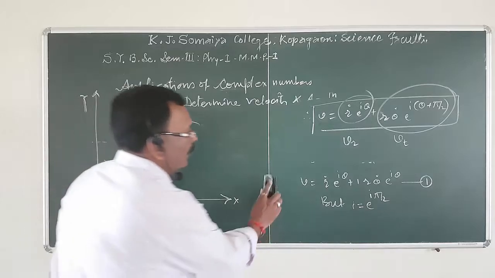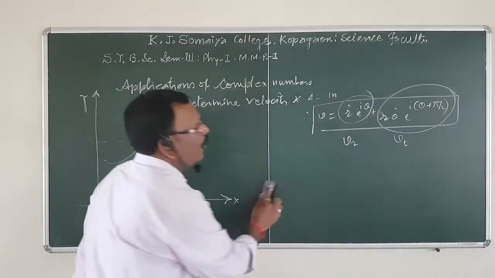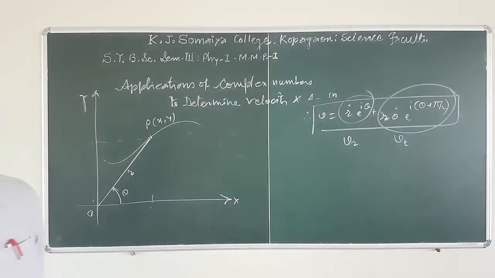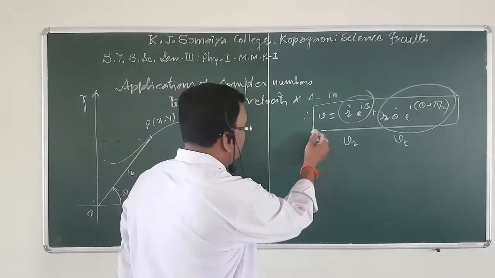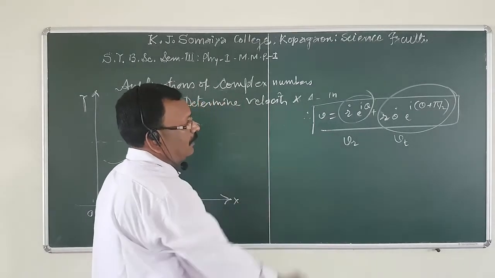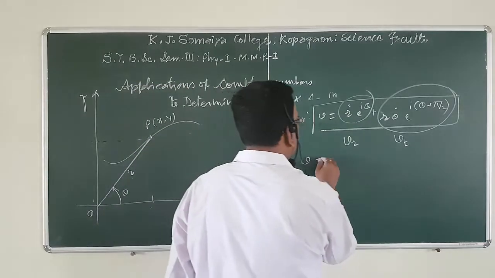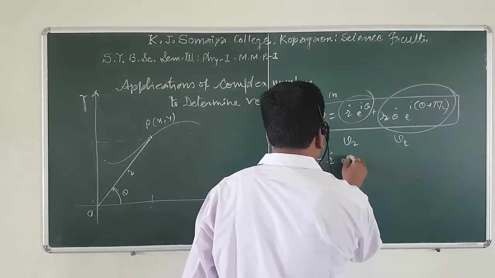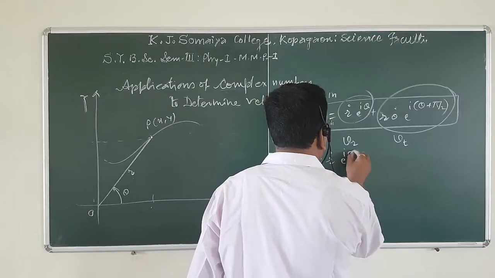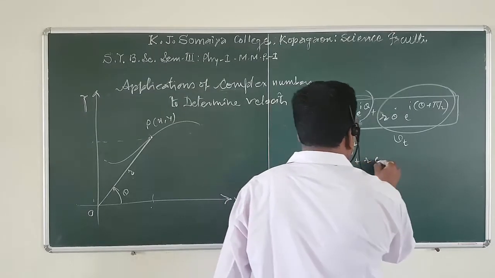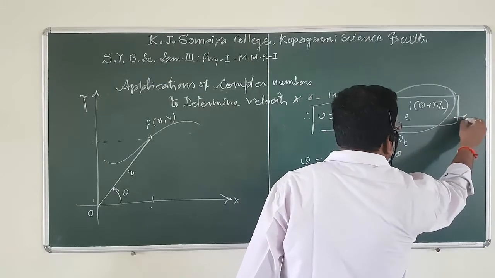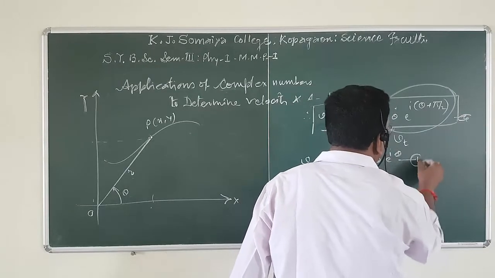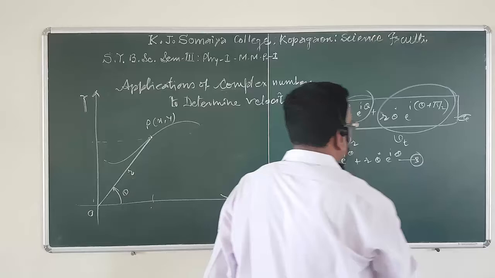Now, we want to calculate complex acceleration. For obtaining the complex acceleration, we have to again differentiate the equation V is equal to r dot e raised to i theta plus i r theta dot e raised to i theta. Again we have this equation. We have to differentiate this equation with respect to time.